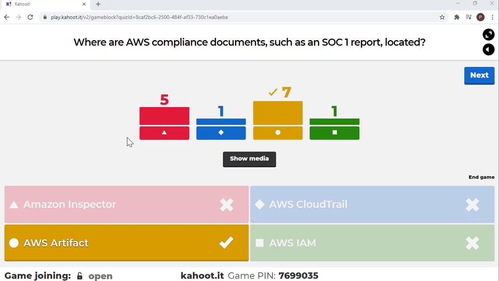So good enough. Yes, AWS Artifact is the right answer. This is the place where you'll be able to find all the compliance documents. AWS IAM is mainly for accessing the AWS resources. CloudTrail is an auditing service, and Amazon Inspector we will come to later on in the course. Let's move on to the next question.